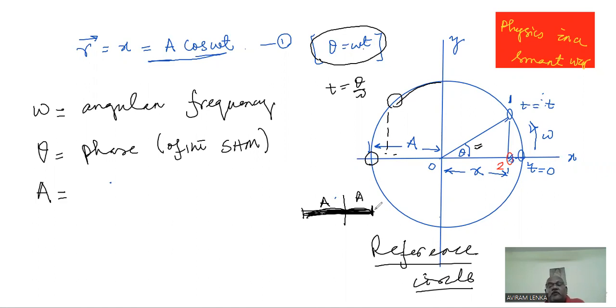That is the maximum displacement in either direction. And the central position is known as the mean position. The maximum displacement of the SHM-making body in either direction from the mean position or the origin, that distance is known as amplitude of SHM. Mean position is where? Mean position is the origin.